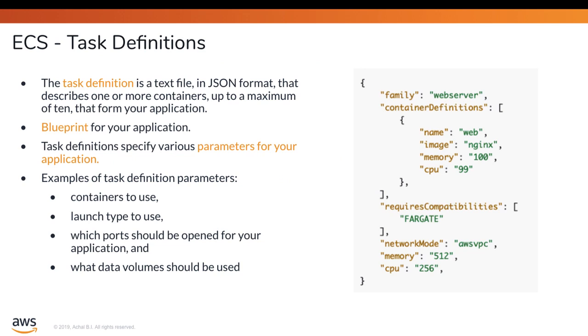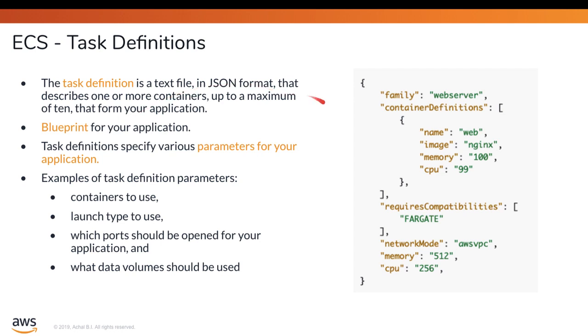So let's understand what task definition really means. A task definition is a text file in JSON format that describes one or more containers, up to a maximum of 10 containers, and it's basically a blueprint of your application. It defines the service that you are trying to build and contains different parameters of your application.